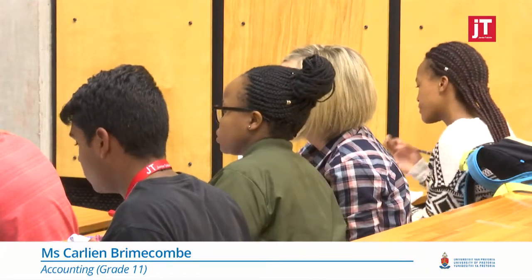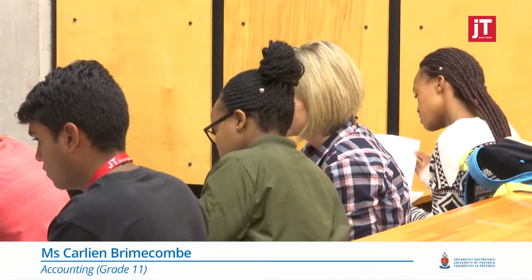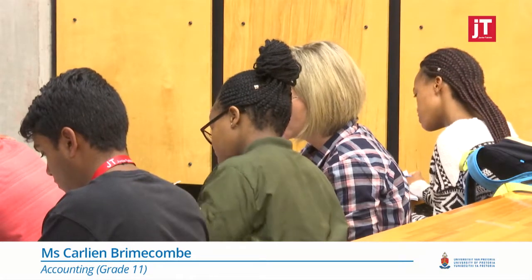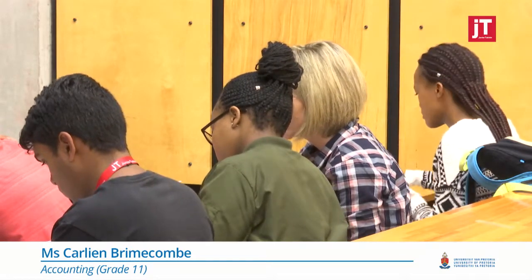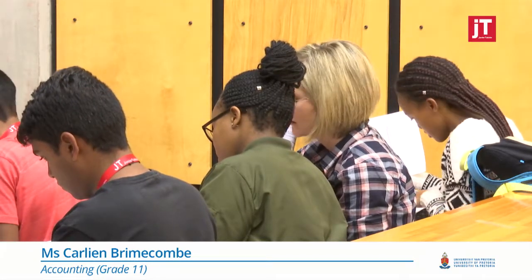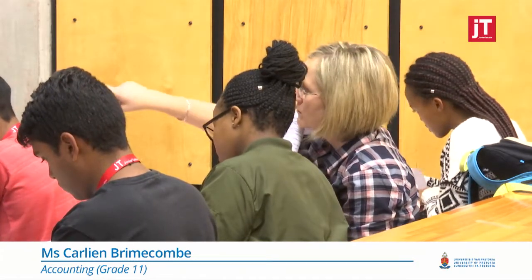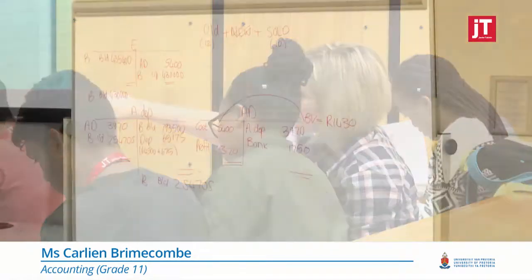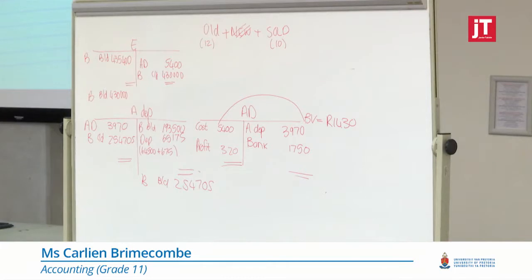It's 65,175, and it must be in brackets. Okay, so now beginning plus minus the cost, the accumulated depreciation on the asset which you sold, equals the end.